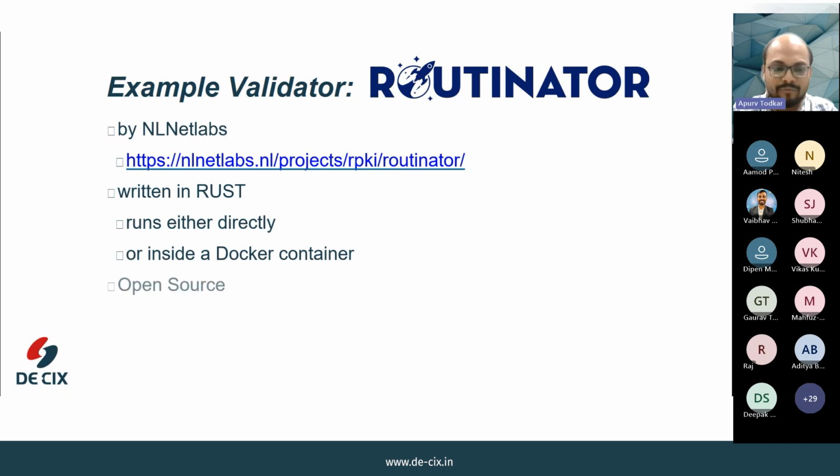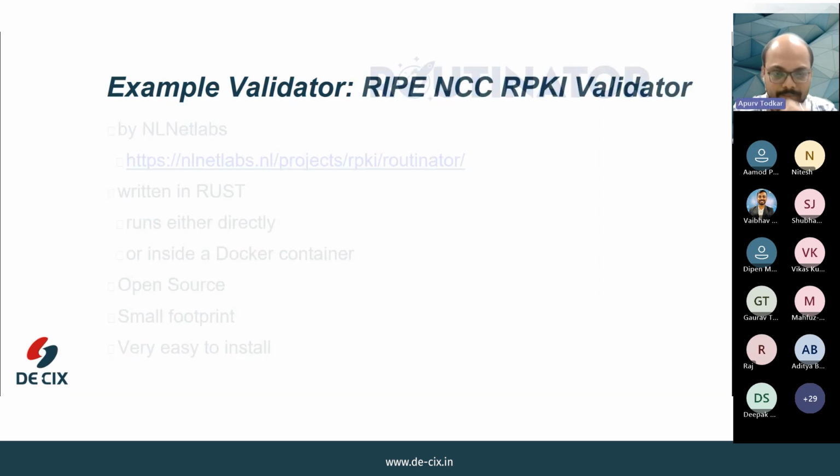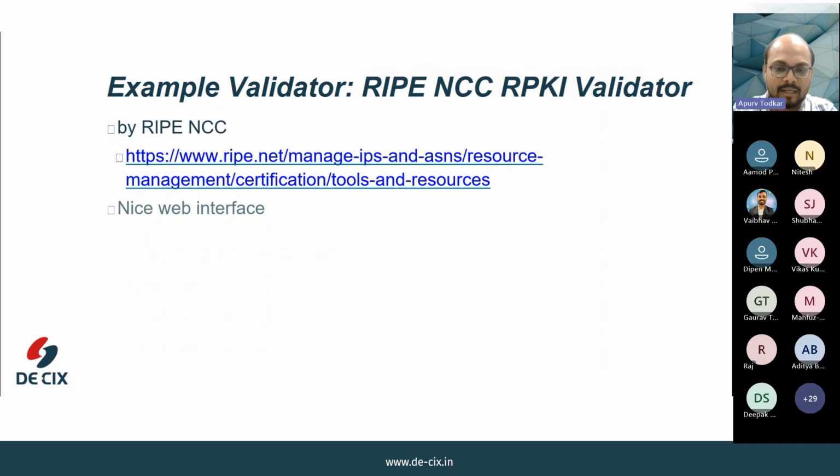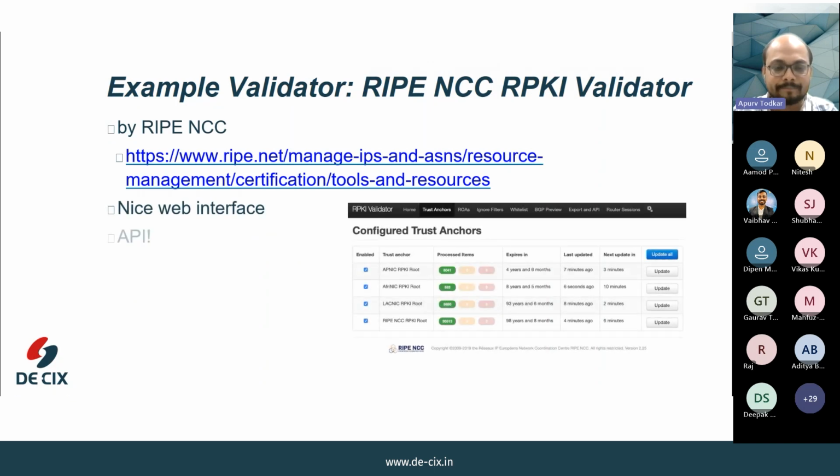Then you also have one more validator, the RIPE NCC RPKI validator. As the name says, it is developed by RIPE NCC, and this is also an open source validator. It also comes with a web interface and an API integration for easier interaction. It's written in Java, whereas the earlier one was written in Rust.